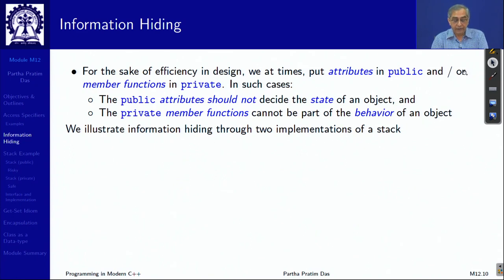So, for the sake of efficiency in design, we at times put attributes in public or member functions in private. When you put an attribute in public, you have to make sure that in your design, the value of that data member does not decide the state of the object, because otherwise your information hiding property is lost.